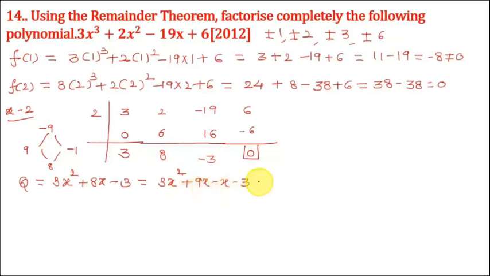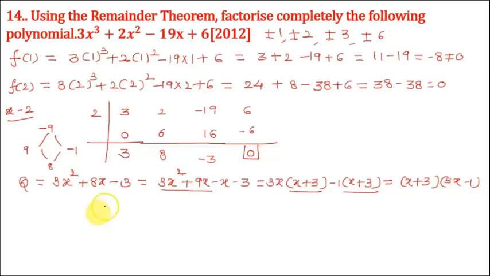From these two take 3x as common, then in bracket x plus 3. From the other two take minus 1 as common, then here again x plus 3. Now take x plus 3 as common, then you will have in the first bracket x plus 3 and in the second bracket 3x minus 1.